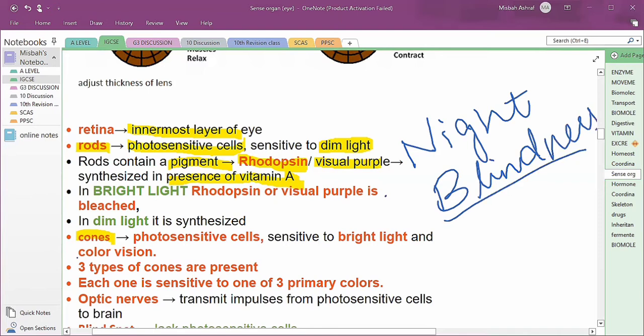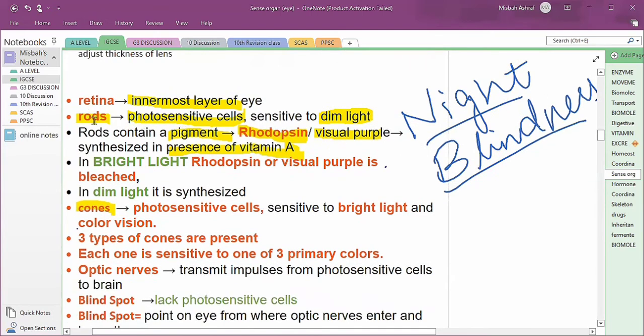Night blindness, we're not able to see in the dark or at night. This is because of the deficiency of vitamin A. Rhodopsin is not synthesized, which is used to see the things in the dark, so we are not able to see the things. Okay, ये तो हमारे पास rods हो गए.